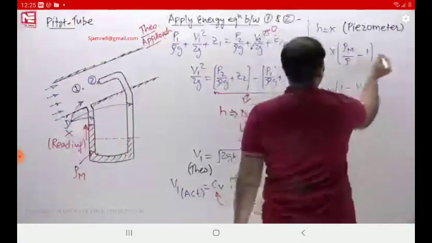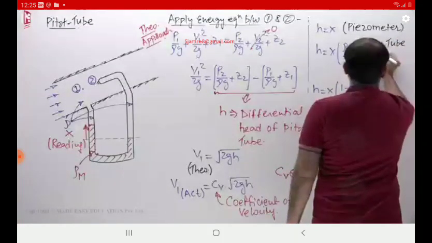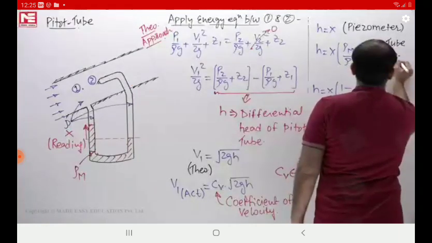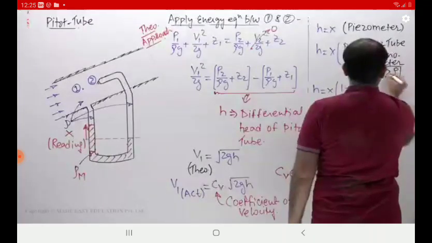and this is the case of the U tube manometer. When we use this, rho m is greater than rho.